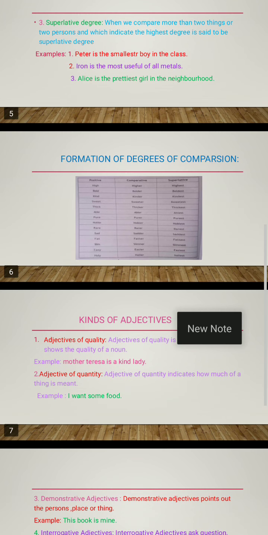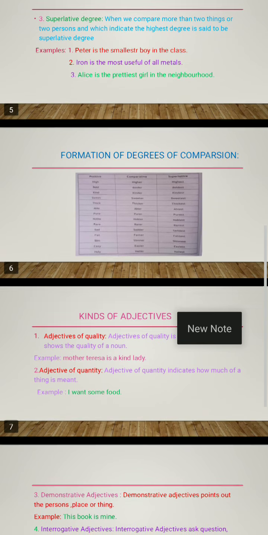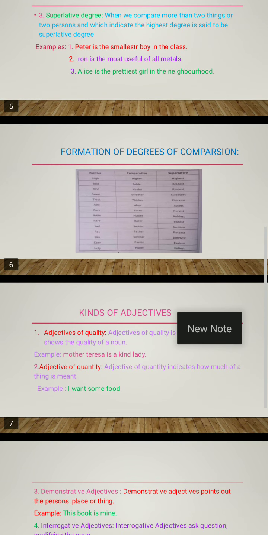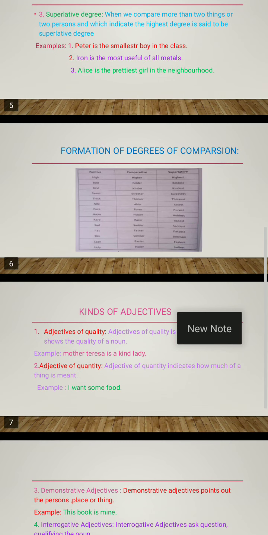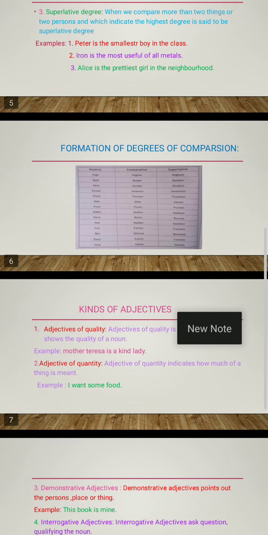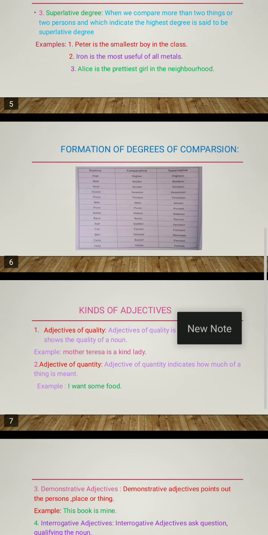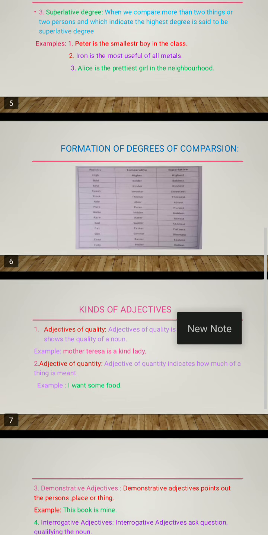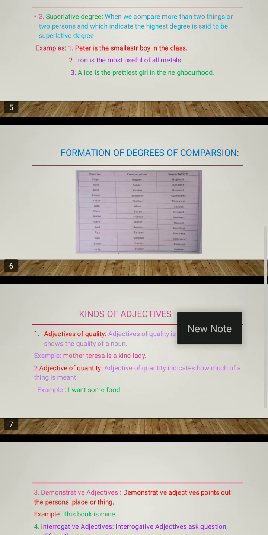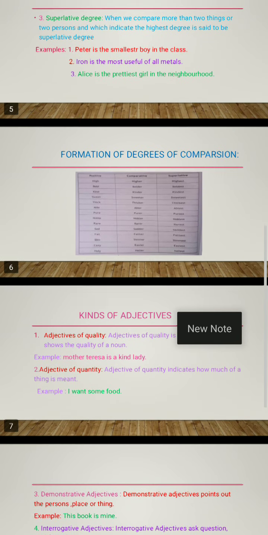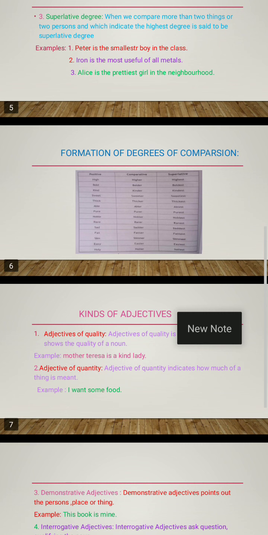Next, third one: Alice is the prettiest girl in the neighborhood. Here the superlative degree is the prettiest. Superlative degree is always preceded by the definite article the, and after that it takes est or ist.